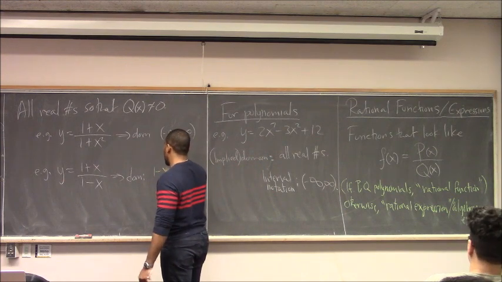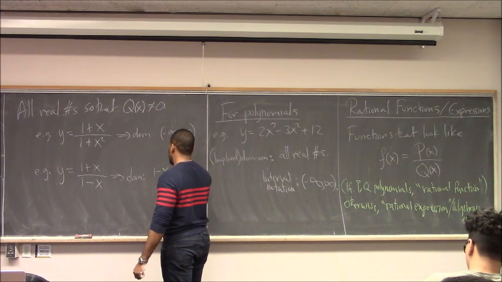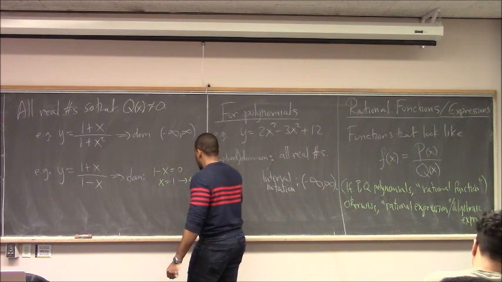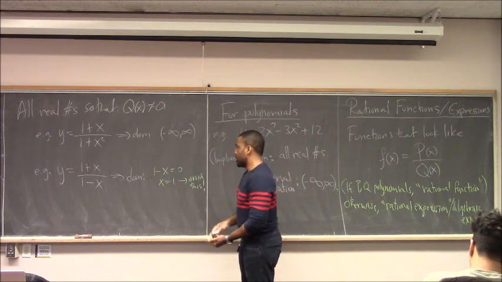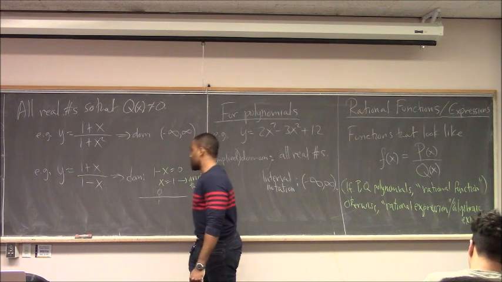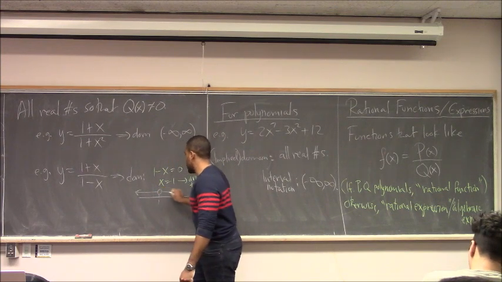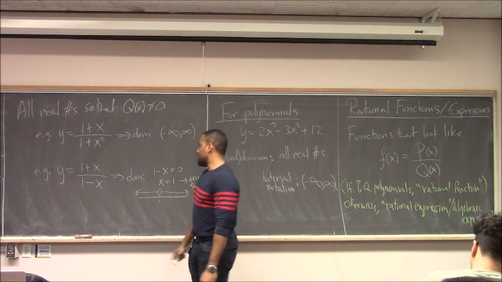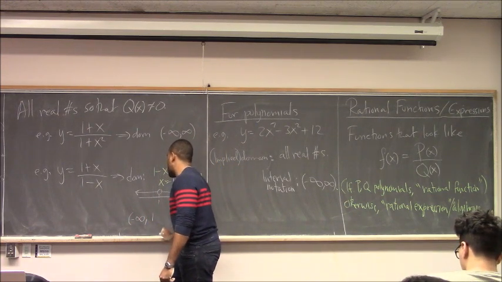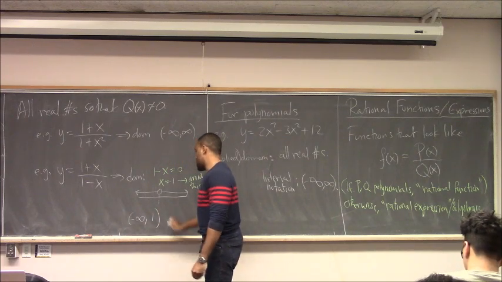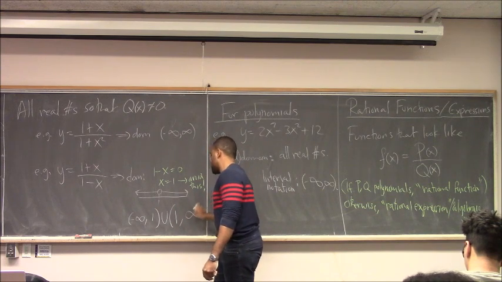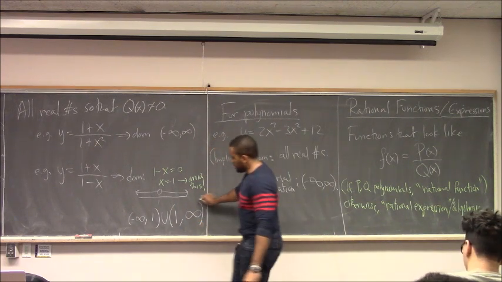You set 1 minus x equals 0, solve for it, you get x equals 1, and you just know to avoid this, because the denominator cannot be 0. On the number line, 1 is not okay, but literally everyone else is. So the domain is any number going up to 1, not including 1, or any number strictly larger than 1, all the way up to infinity. That would be the answer here.